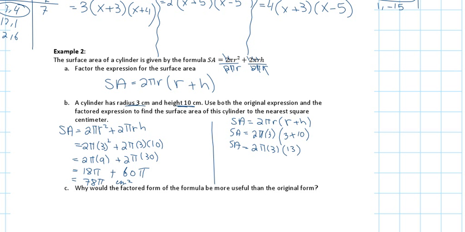You don't have as many numbers to replace. There's only one addition and multiplication. The first one's a little bit more complicated. At the end of the day, you're going to get the same answer. Usually, the factored form is easier to evaluate if you don't have a calculator.